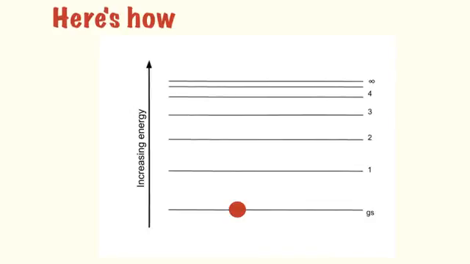Now all the lines above that correspond to subsequent energy levels it could exist on if it had the right amount of energy. Each one away from the ground state requires the electron to have more energy: 1 requires more energy than the ground state, 2 requires more energy still, then 3, 4, 5, etc.